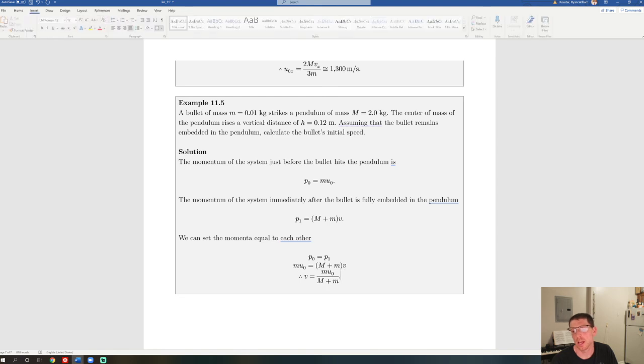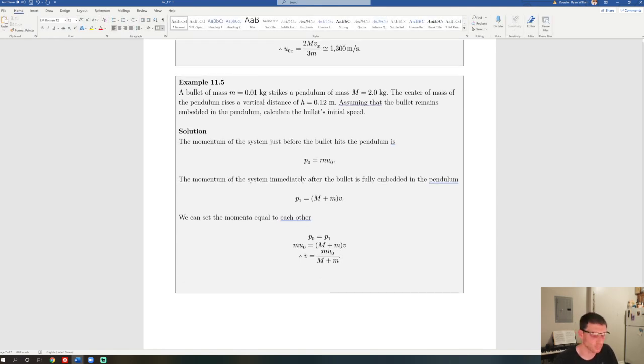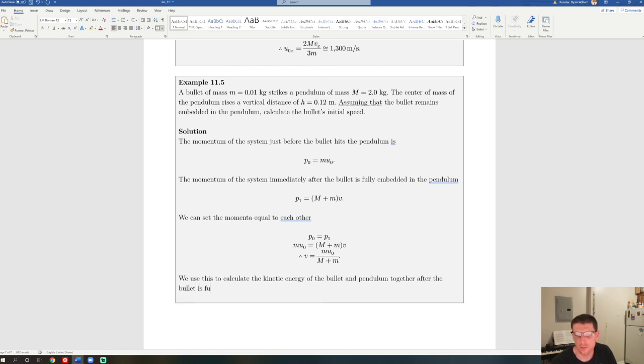And now we use this to calculate the kinetic energy of the bullet and pendulum together after the bullet is fully embedded in the pendulum.